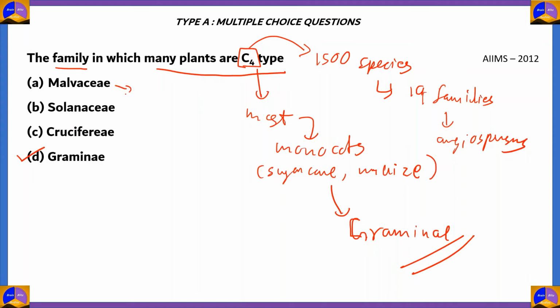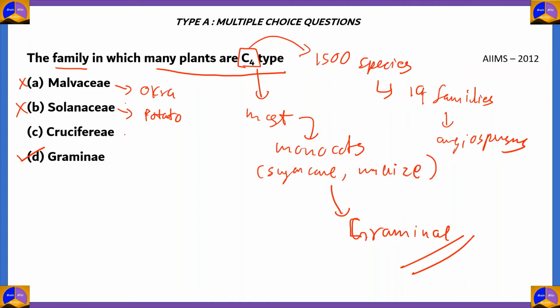Option A, Malvaceae, contains plants such as okra, which are C3. So most of it is made up of C3. So option A is incorrect. Option B, Solanaceae, contains plants such as the potato, and most of Solanaceae also are dicots, which follow the C3 pathway. So option B is incorrect.